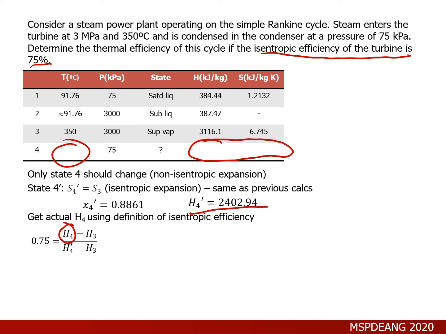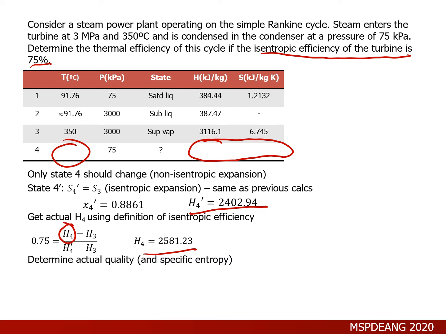So we can get the actual H4 to be the following value, 2581.23 kilojoules per kilogram. And if we take a look again at our steam table, this specific enthalpy is still between the saturated vapor and saturated liquid specific enthalpy at 75 kPa, meaning we still have a mixture of vapor and liquid at state 4.